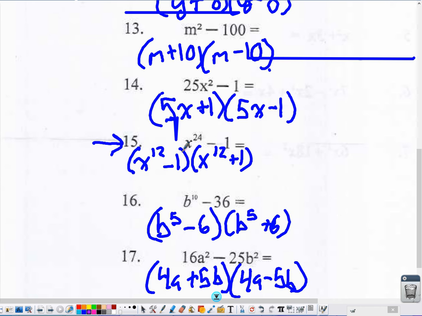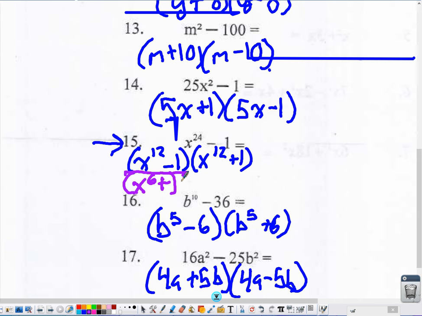Okay, again, we said that if you want to take the square root of an exponent, you simply divide that number by 2, which is where the 12 came from. So, at this point, the x to the 12th plus 1, I can't do anything with. But x to the 12th minus 1, well, I can divide that 12 by 2.